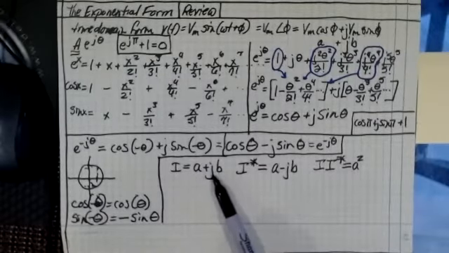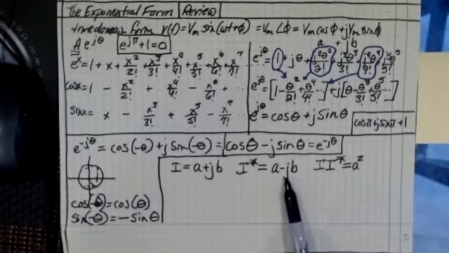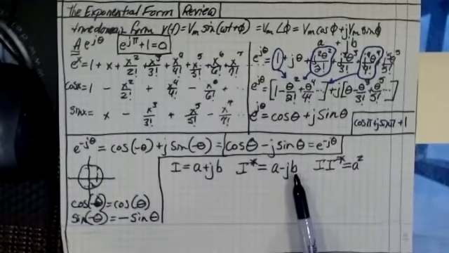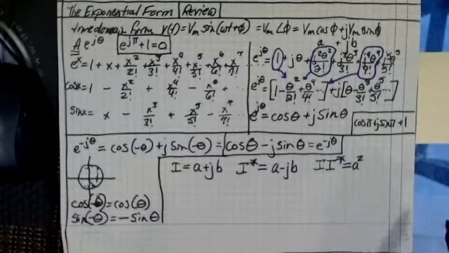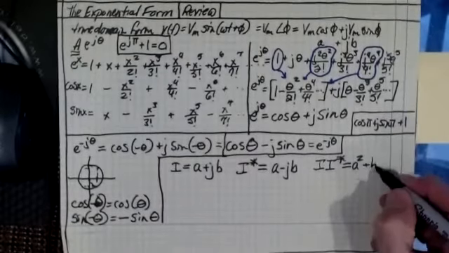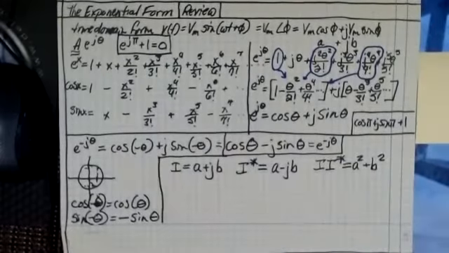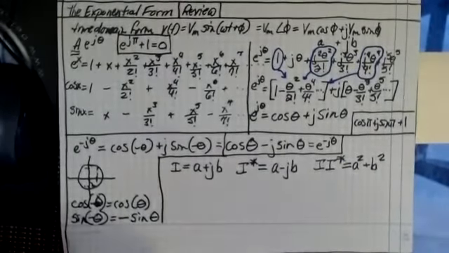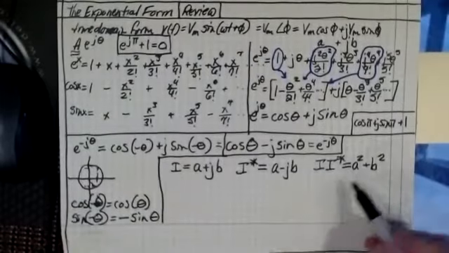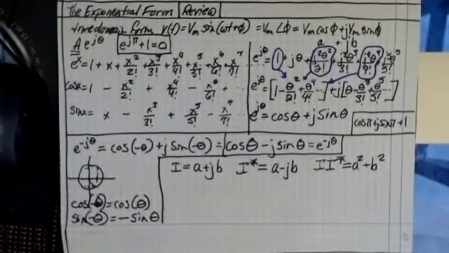And then I would get minus j squared B squared. Well, j squared is minus 1, and a minus of a minus is a plus, so that's B squared. If you were freshmen, I'd do that for you, but since you're seniors, I'm assuming you've already had this, and this is just something that you understand.